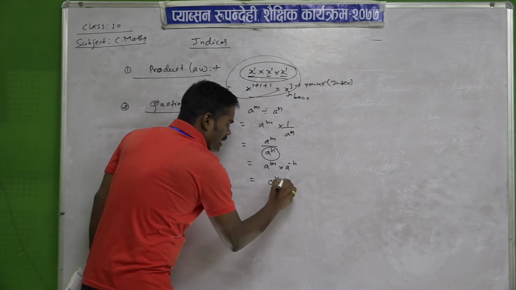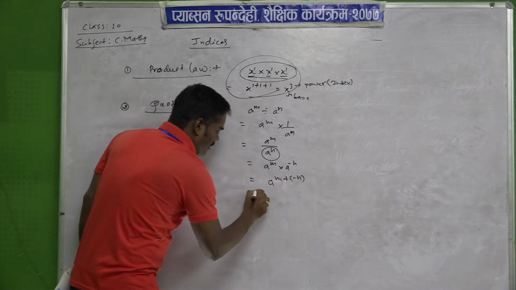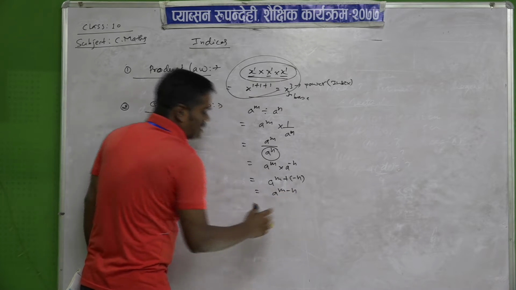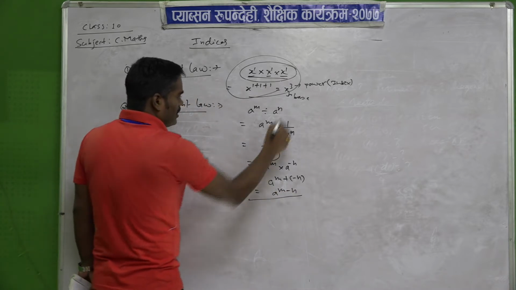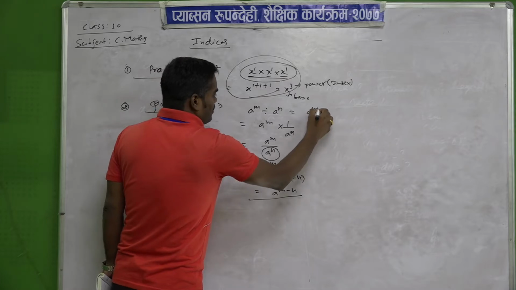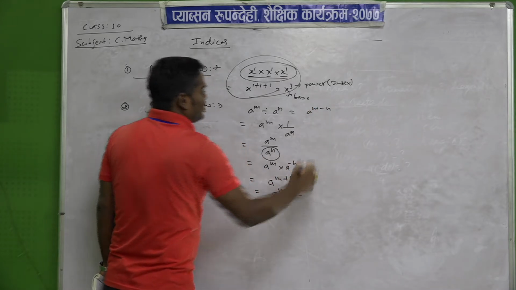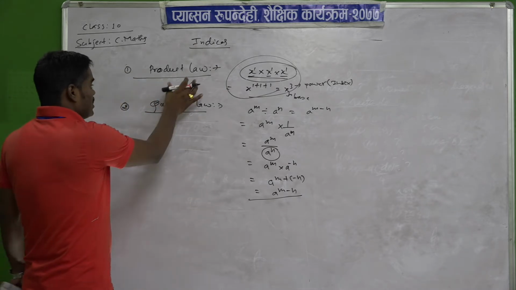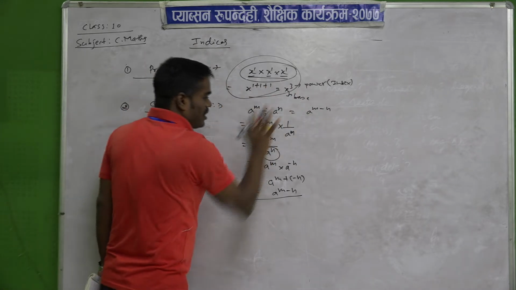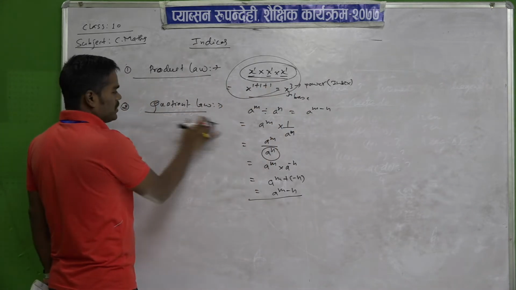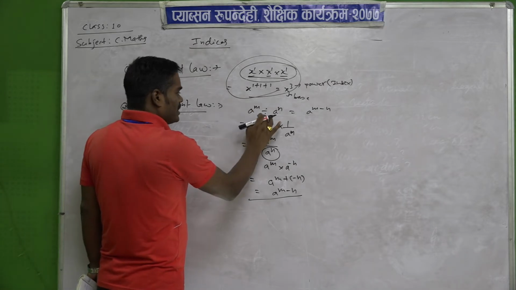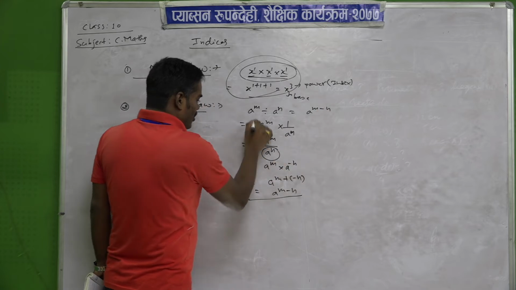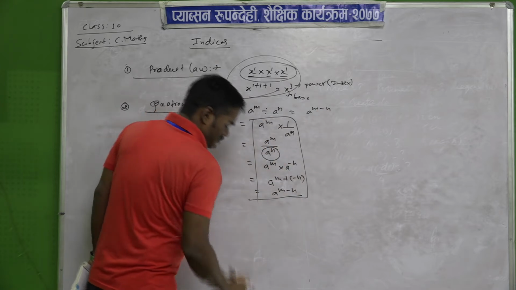So, a power m plus minus n, and in quotient law you can directly write a power m minus n. This is the product law: if bases are same, then powers are added. This is the quotient law: a power m divided by a power n equals a power m minus n.